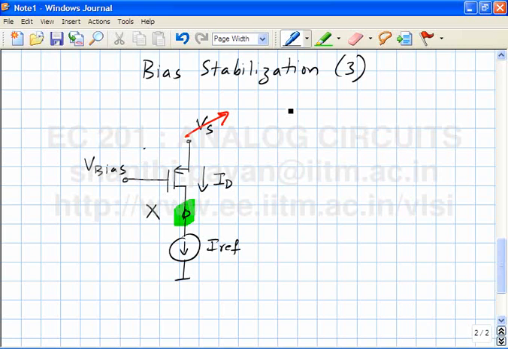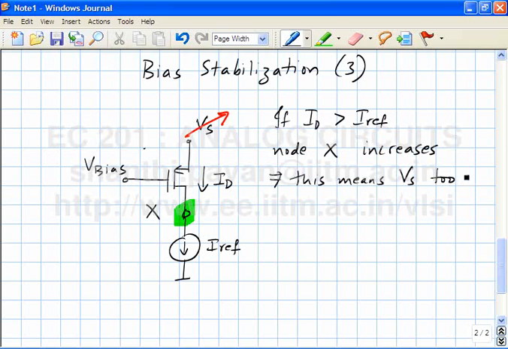So if ID is greater than Iref, what does it mean with regard to Vs? Is it too large or is it too small? Okay, so if ID is greater than Iref, the node potential at X increases, and this means that Vs is too large or too high.